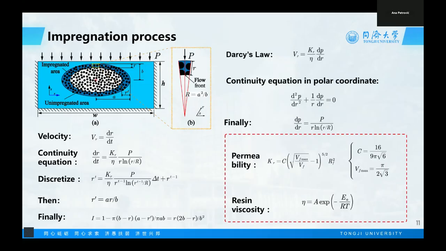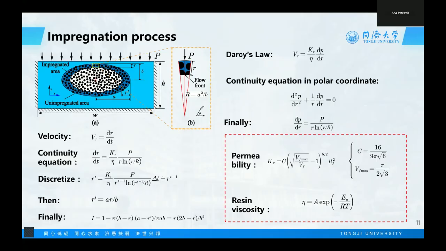After completing the thermal field modeling, the impregnation process is studied. We model the impregnation process based on Darcy's law, and the polar coordinate system is used to calculate the impregnation distance along the pressure direction.